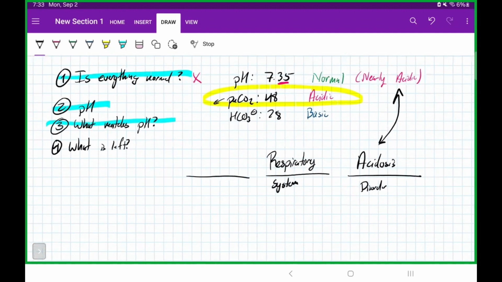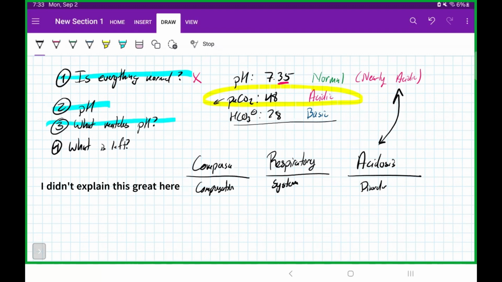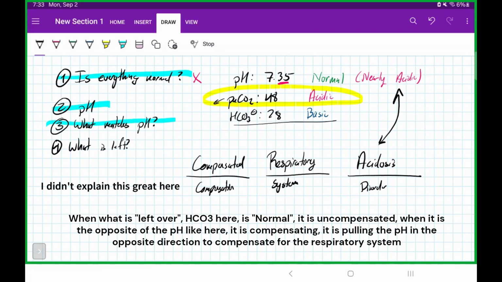And then for our first box here, our compensation, because our HCO3 here is basic, this is compensated. Our HCO3 is trying to counteract what is happening to our pH. Our pH is being pulled downward, and our HCO3 is rising to try and counteract it.